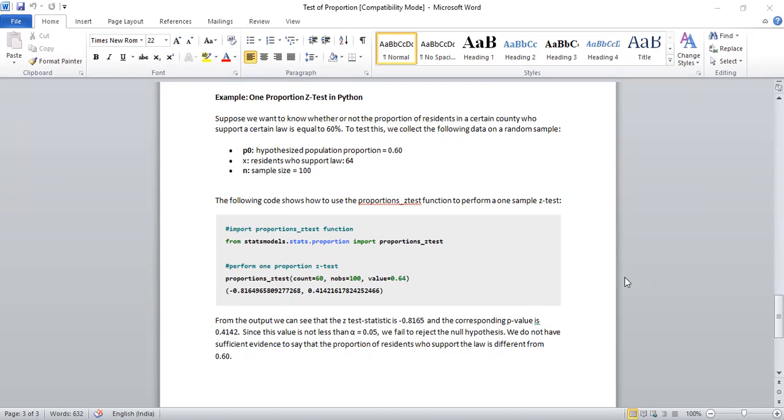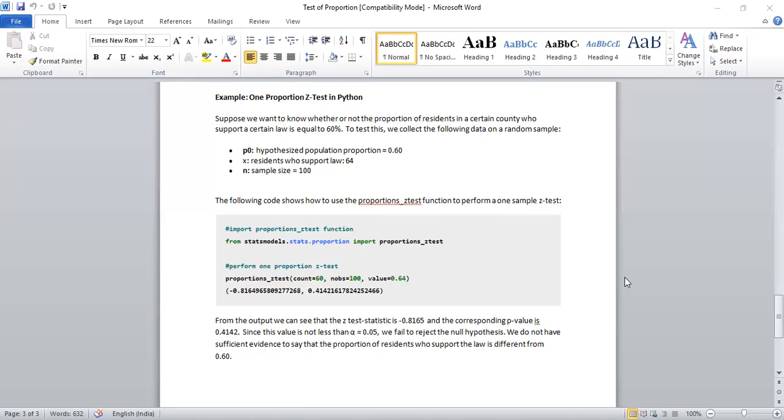So it will give you the statistic value along with the p-value. You have to run this snippet of code on your notebook, and after running you have to check the corresponding values: the value of the test statistic and the associated p-value.